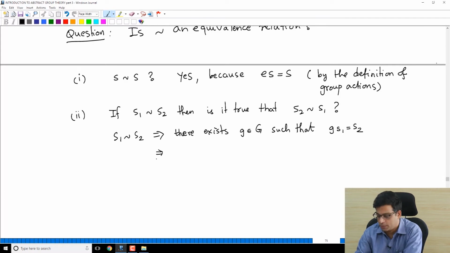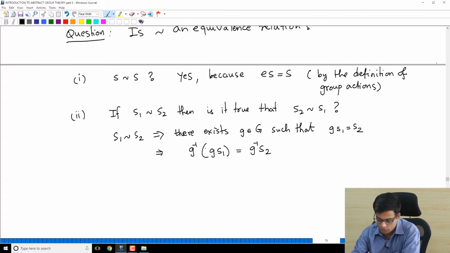Now let's apply the action properties, and in particular apply g inverse to both sides, right? If g s1 is equal to s2, remember these are elements of capital S. These are two elements of capital S that are equal to each other. Let's apply g inverse to both of them.